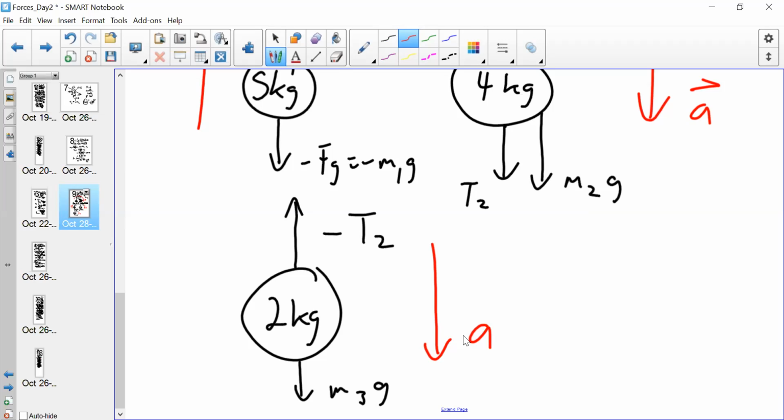So tension is pretty much always away from the object. Like here, T2 will be going towards this 2 kilogram mass with respect to the 4 kilogram mass, because the 2 kilogram mass is pulling the string away from the 4, opposed to the tension here being pulled away by the 4 kilogram mass up top. So the tension is always away from the object to some other source.